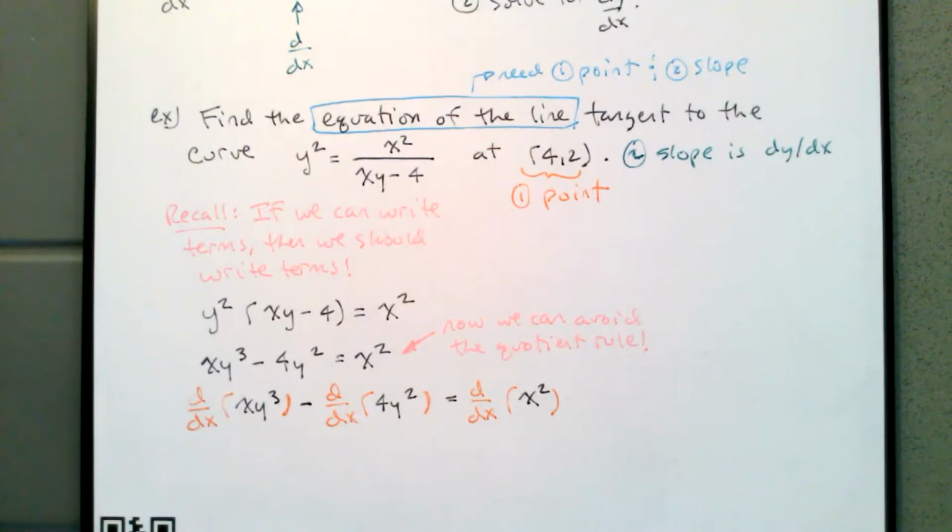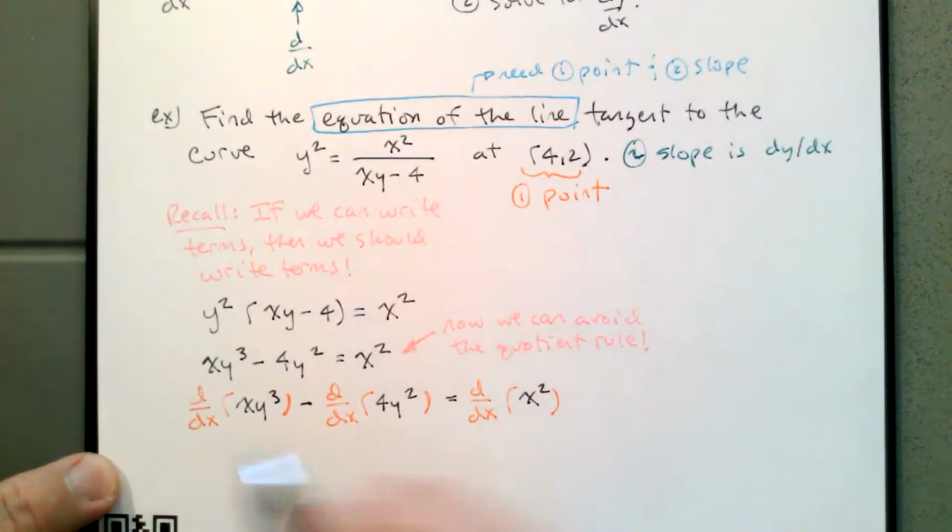So now we're going to go through and take the derivative, remembering to use the chain rule if we use the power rule with a y factor. And remember that y and x are related, so I have to use the product rule in xy cubed. So I'll need the product rule here.